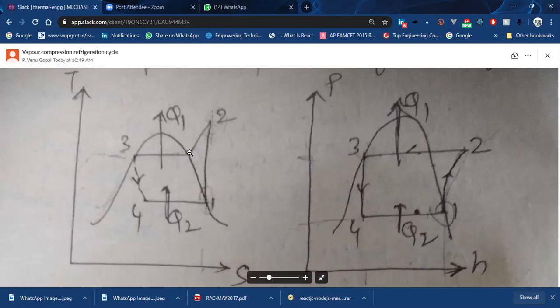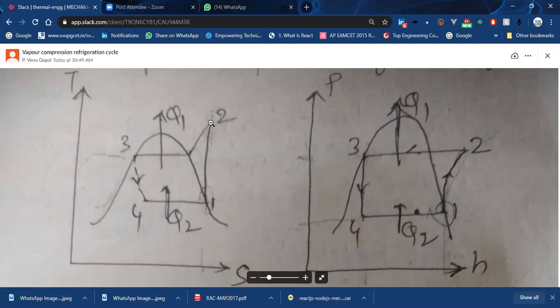So anything above this dry saturation curve is the superheating zone. So point number 2 will be in the superheated zone. When the compressor is compressing the vapor refrigerant, the temperature will shoot up like anything, and the vapor becomes superheated vapor. So that is how this point 2 is falling in the superheated zone.